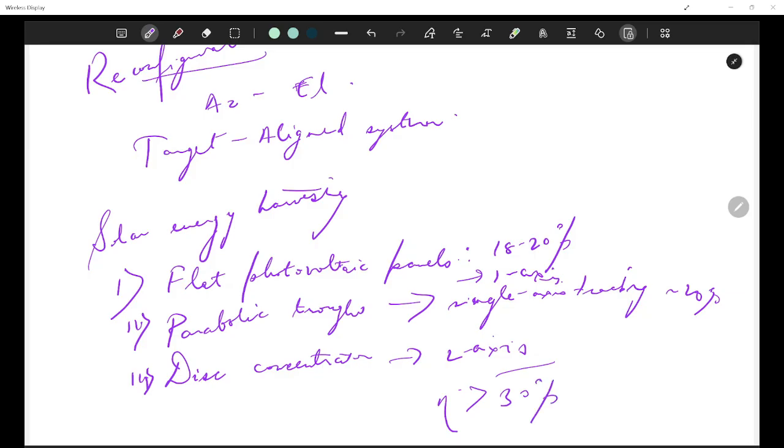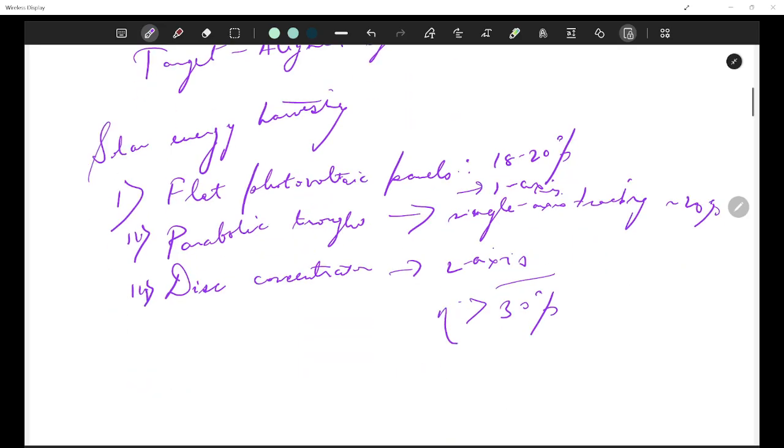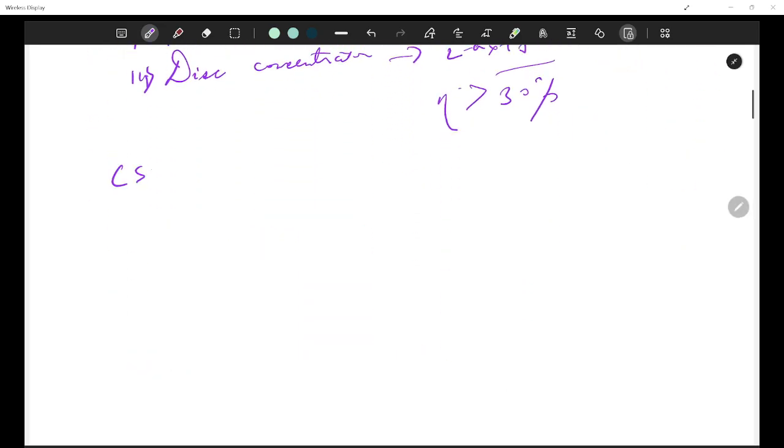Then there are concentrated solar power towers, CSP towers. These CSP towers have 5,000 heliostats that reflect sunlight to a receiver.